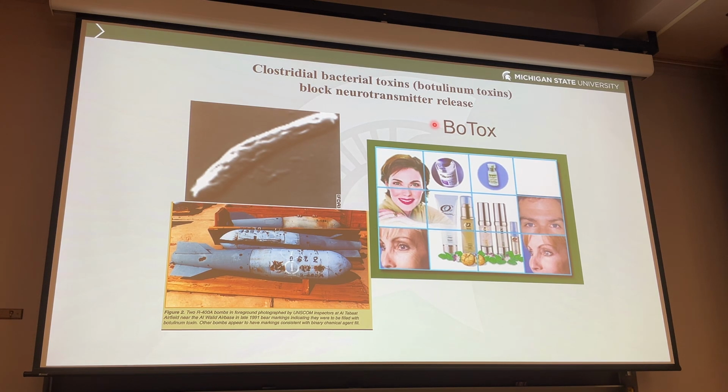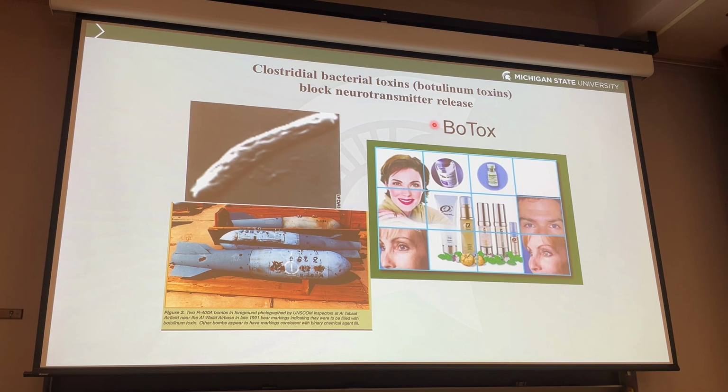As I'm sure everybody's heard, this has been isolated and is now used in cosmetic procedures as Botox, which freezes nerves so you don't display wrinkles in all kinds of areas. But it's now used as a cosmetic and a horrible poison.